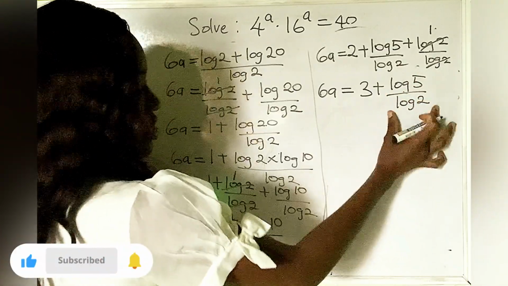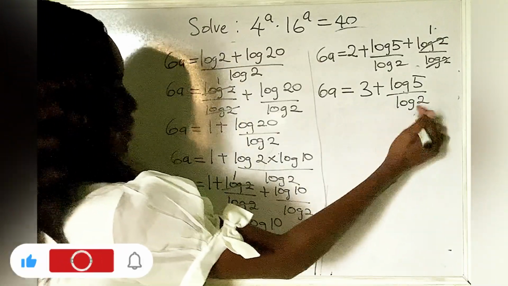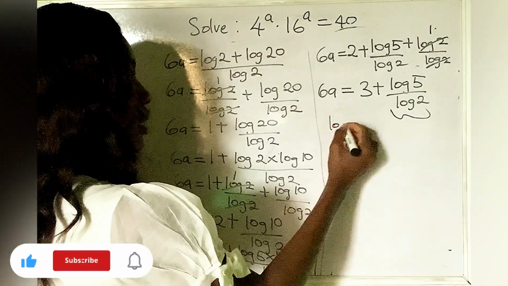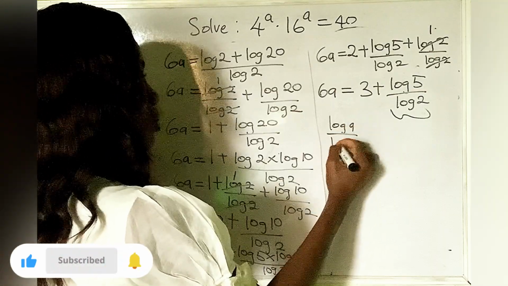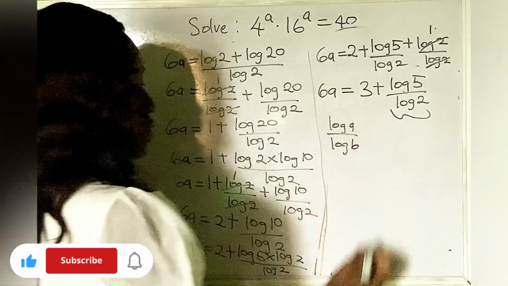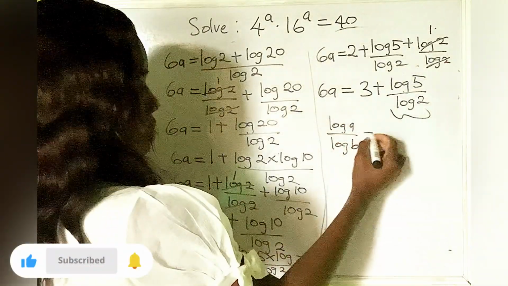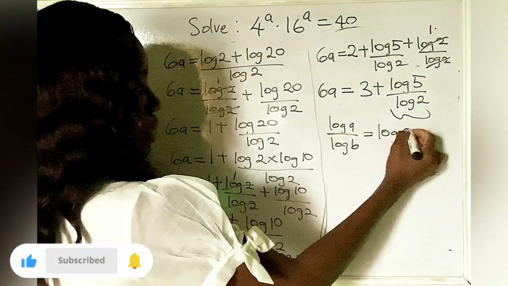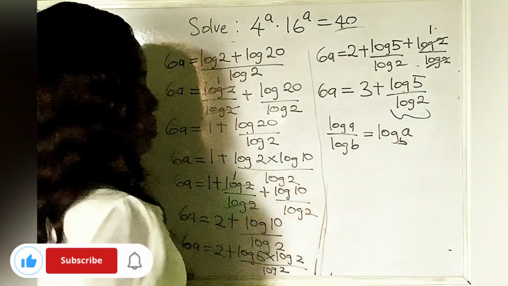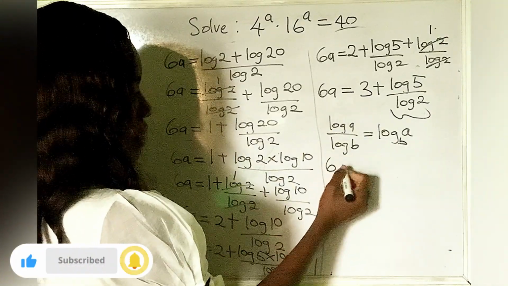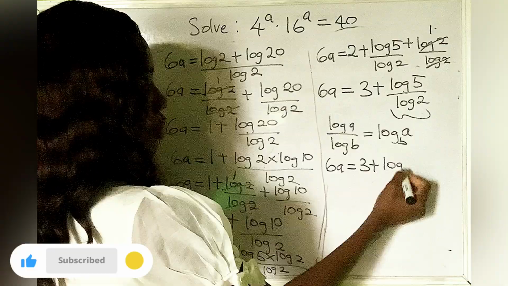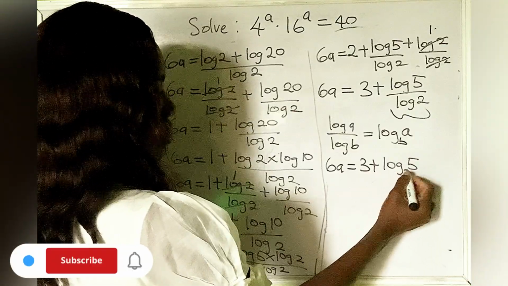Now, let's change the base of this part. So when you have log A over log B, according to the logarithm rule, to change the base it is going to be written as log of the numerator, and the base becomes the denominator. So to do this, you have 6a is equal to 3 plus log 5 base 2.